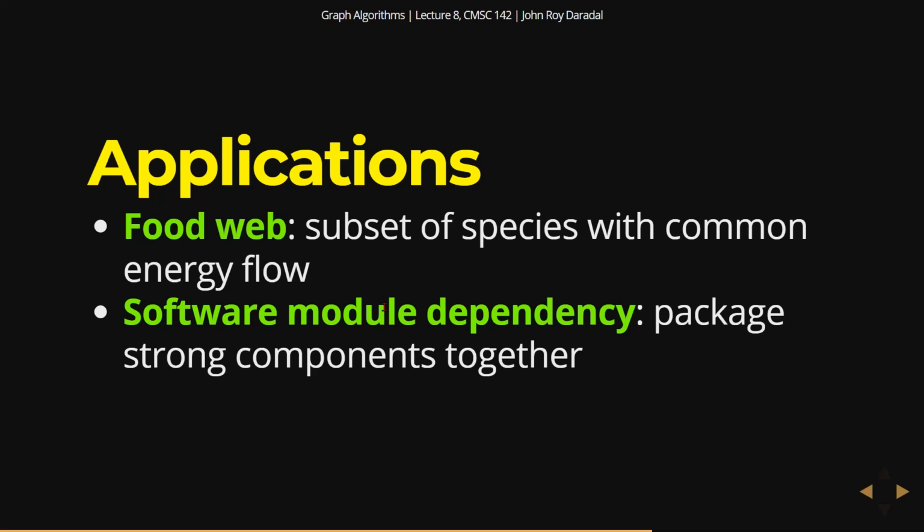So you can package strong components together, since they are dependent on each other, you can just put them in one component. Okay, so those are two applications of strongly connected components.